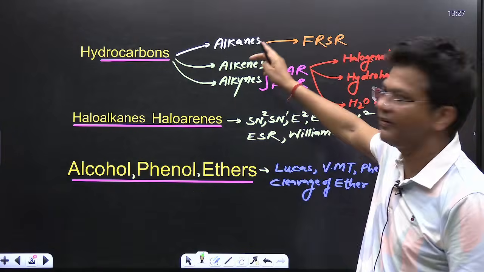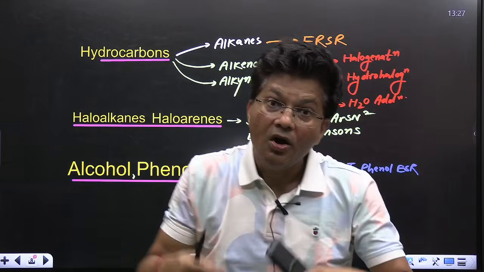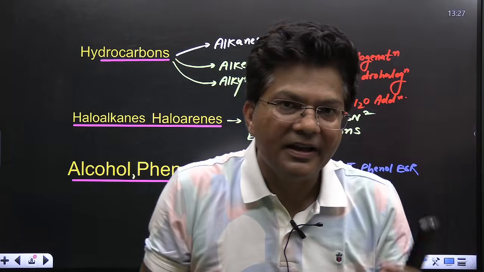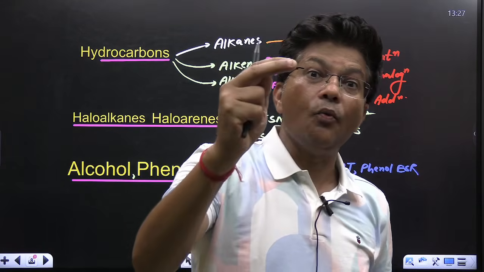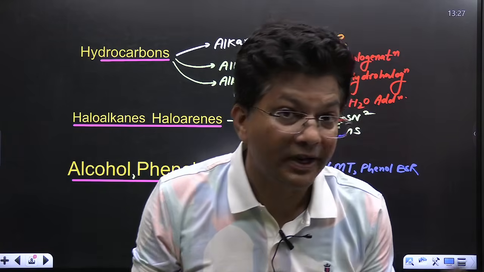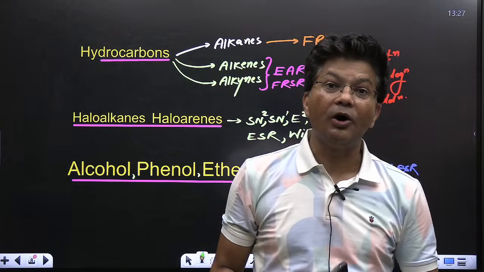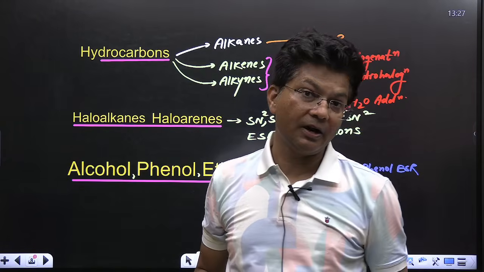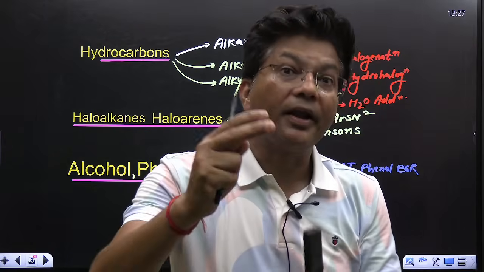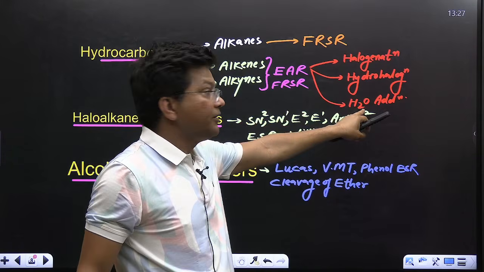Now alkenes and alkynes, they are unsaturated, so our brain should say that if anything is unsaturated, we have to think about EAR, electrophilic addition reaction. Whenever electrophilic addition reaction is coming, our brain should talk about Markovnikov, anti-Markovnikov addition, syn or anti-addition, all these: halogenation, hydrohalogenation, and water addition.